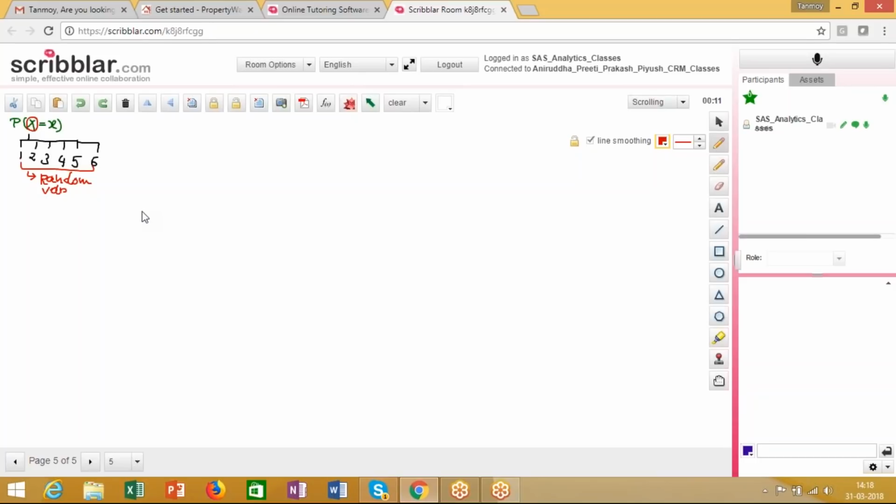So a random variable is a variable about which we know the set of all the possible outcomes which are available, but what we do not know is which outcome will occur in a particular trial.